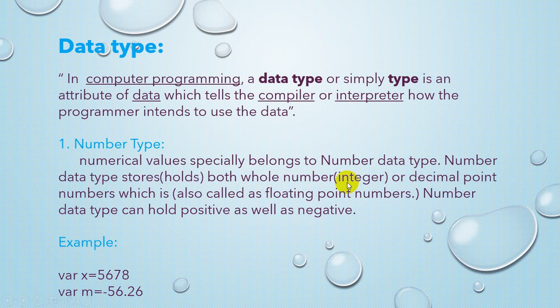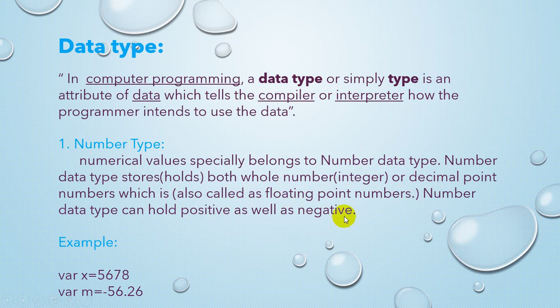Whole numbers are complete numbers like 1, 2, 3, 4, 5, which are not decimal numbers. Decimal numbers also come in the category of the number data type, and a decimal number is also called a floating point number. In an examination there can be a question like: decimal numbers are also called a dash. So decimal numbers, like 2.5, 2.6, whatever, if the number is in point or decimal, this number is also called a floating point number.